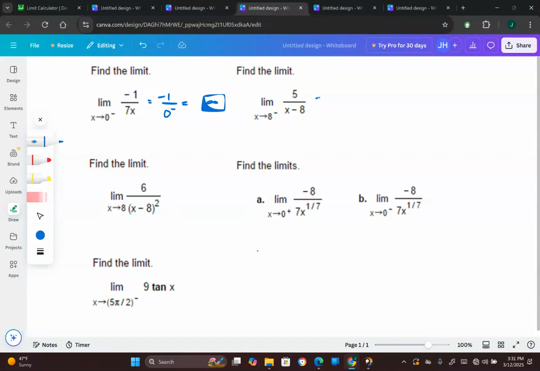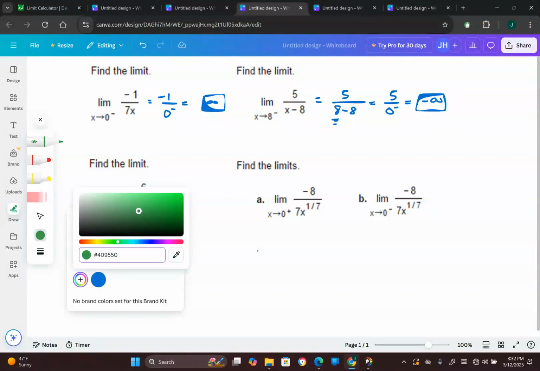Same thing with this next one. We're basically putting 5 over 8 minus 8, which is 5 over 0. But we're taking numbers that are to the left of 8, which would be numbers that are a little bit less than 8, which would give me numbers that are a little bit less than 0. 5 over 0 is infinity. A positive divided by a negative is negative. This comes out to be negative infinity.